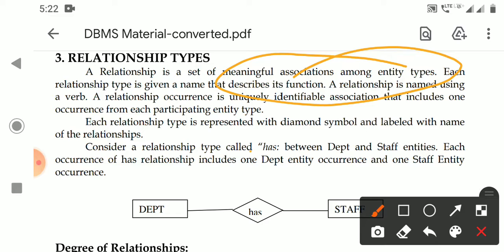That means the student will join a course, and the course has many students. One of the functionalities of the student is that the student has to choose a particular course and join a college in that course.